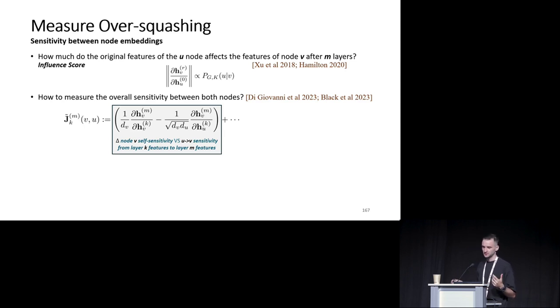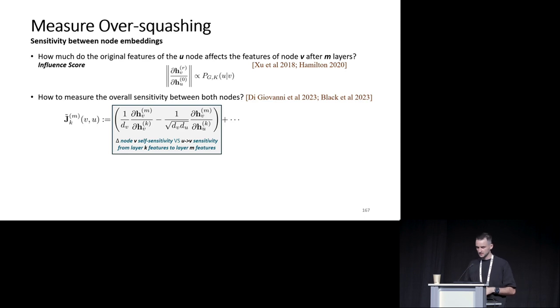So how do we measure if two nodes actually interact with each other? We compare the self-sensitivity after k layers. Let's say that this metric J gives us the sensitivity between nodes V and U, between the layer of the GNN k and m, bigger than k. So let's say between me and another node, and the layers 2 and 5, which is the interaction between our two nodes and between these two layers.